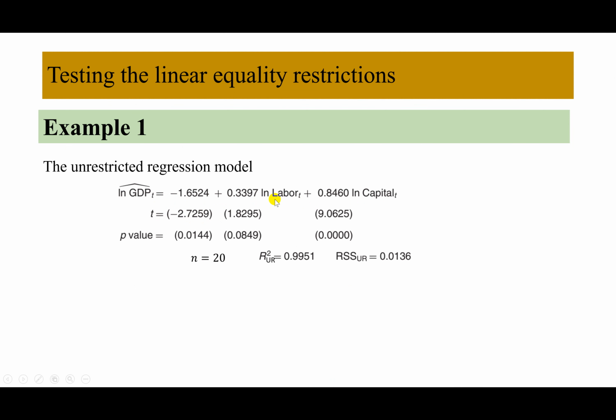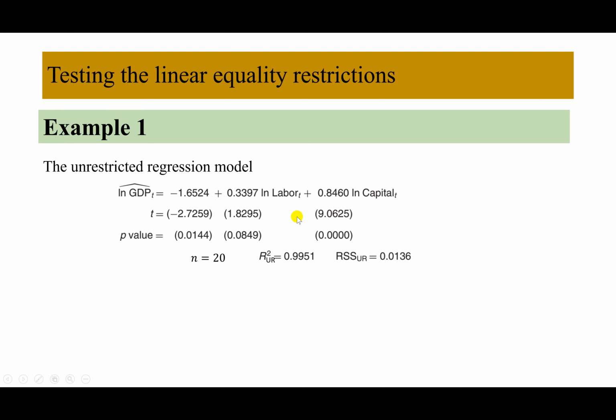The T ratio of the coefficient of log labor is 1.8295, and the T ratio of the coefficient of log capital is 9.0625, and the p-values of the corresponding parameters are 0.0144, 0.0849, and the last one is 0. Here n equal to 20.